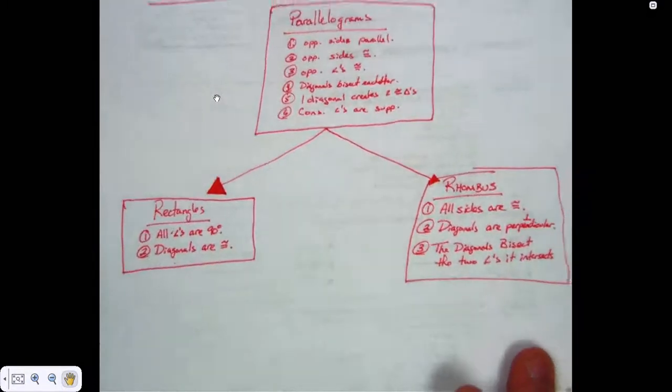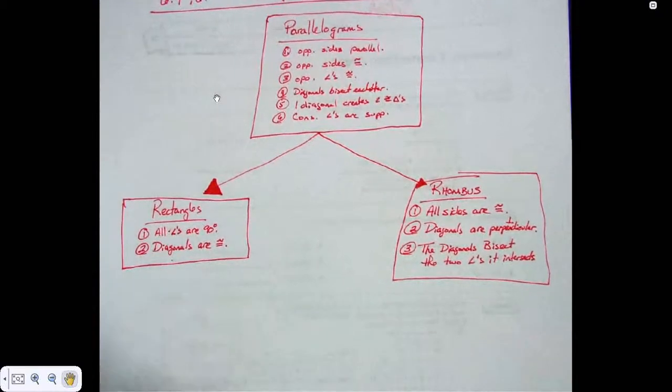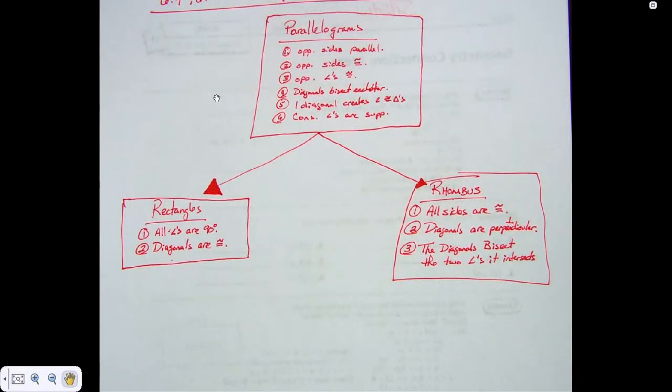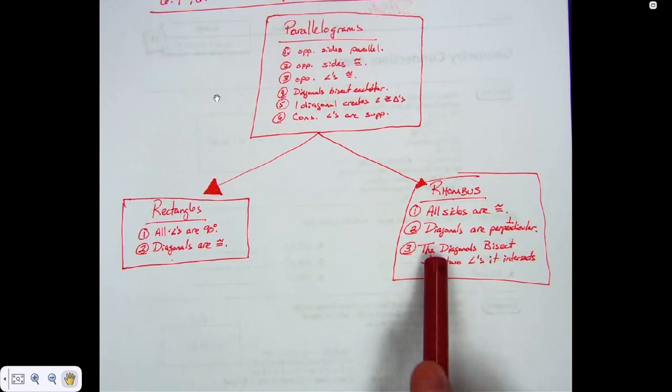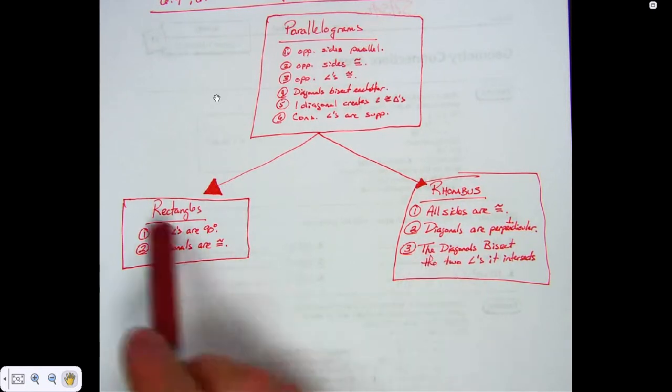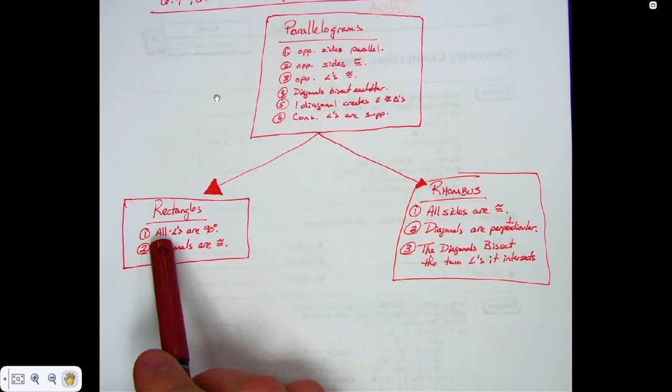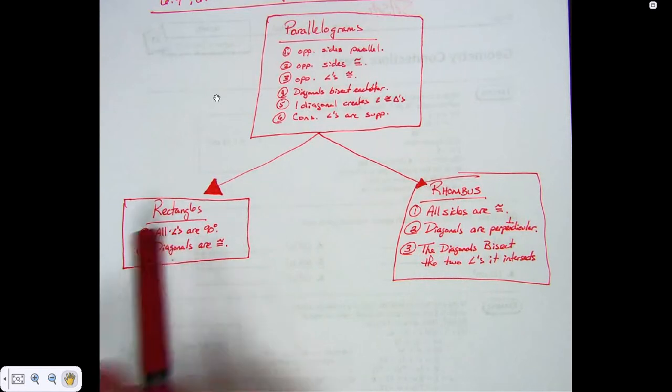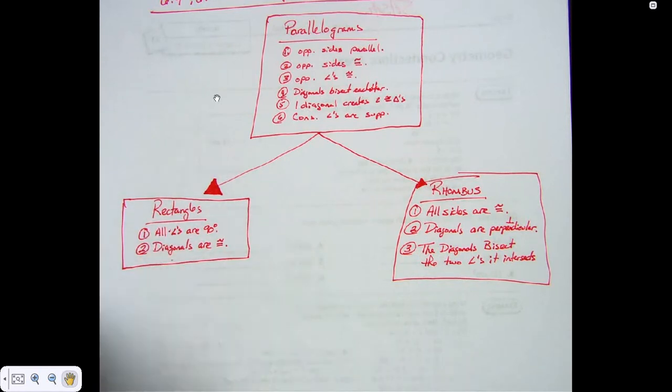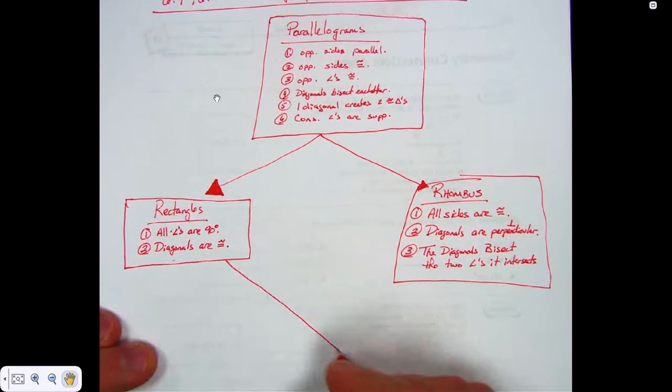Okay. Now, let's say Mr. Rhombus and Mrs. Rectangle got married. They then decided they wanted to have kids. You know what their kids would be?